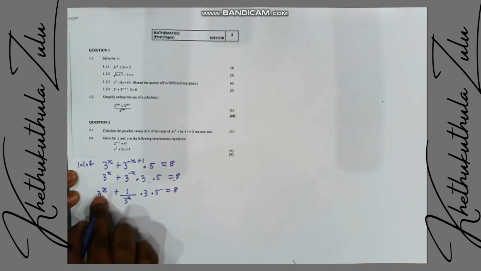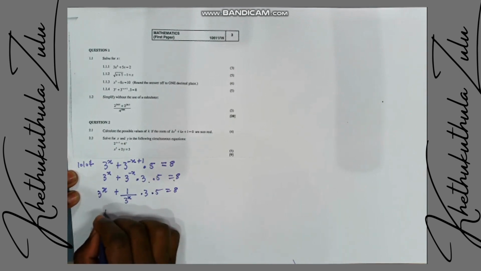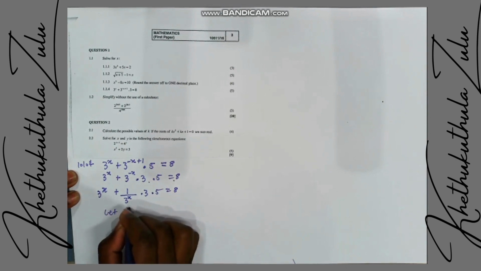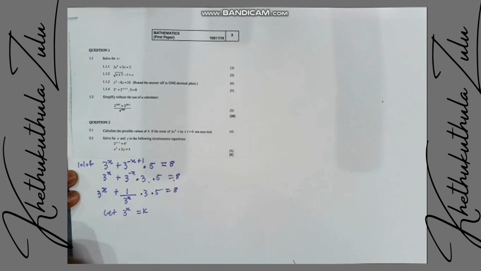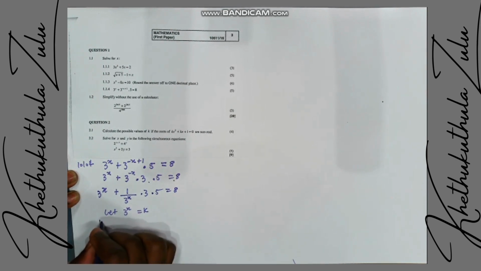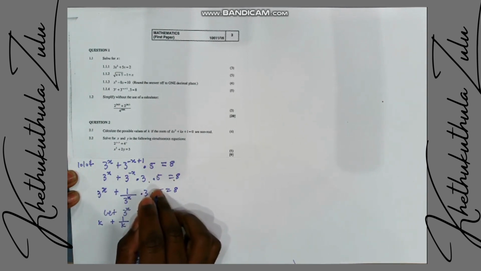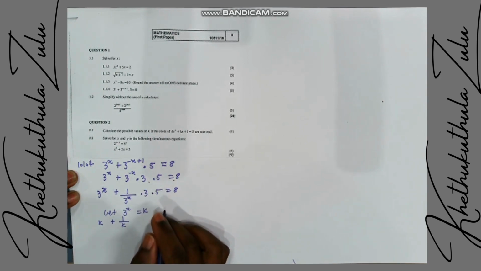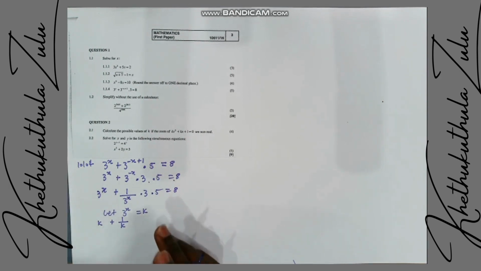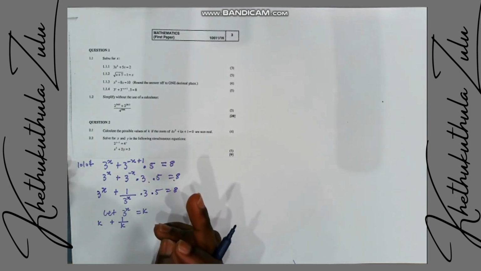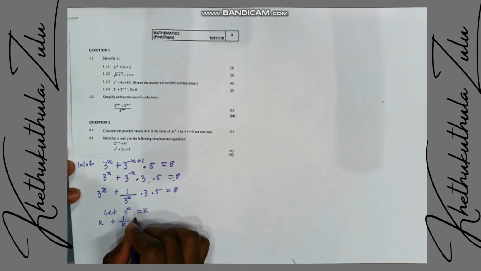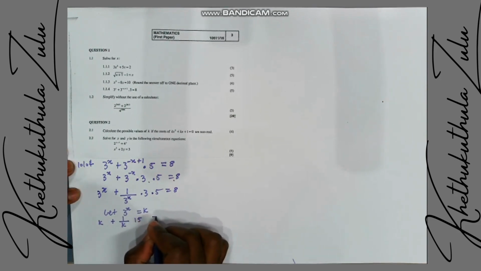Then from this one, this now is the same as this, we can let this 3 to the x be equal to k. Then we can just say k plus 1 over k. Then 3 times 5 is what? It's 15, isn't it? Yes, it's 15. Then is equal to 8.